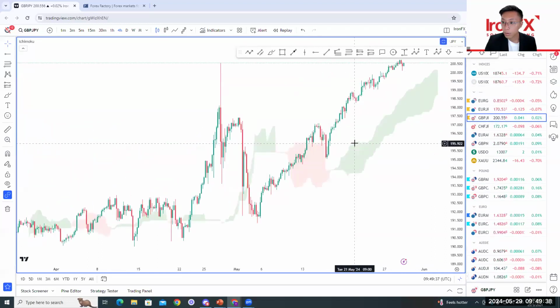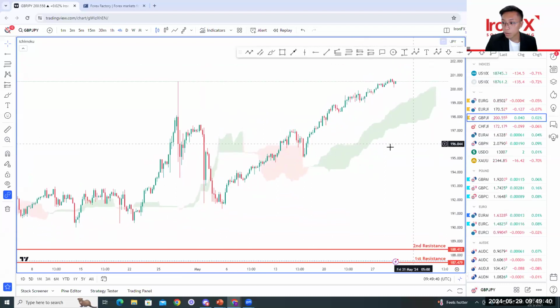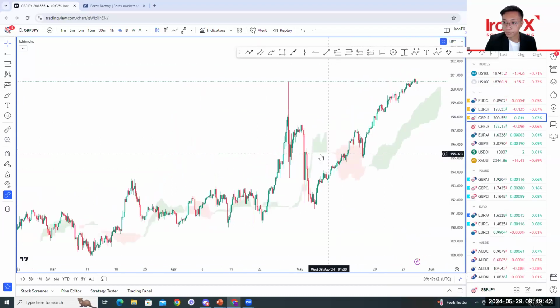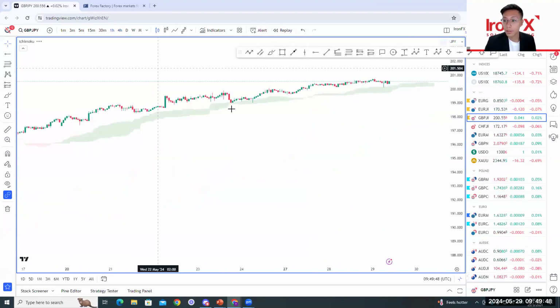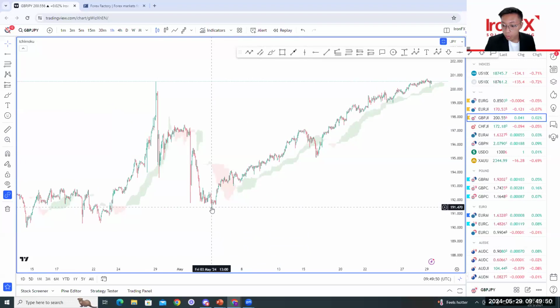As you can see right here, GBP JPY has been in a very, very strong uptrend for pretty long, since the start of May, and it has broken these highs right here.